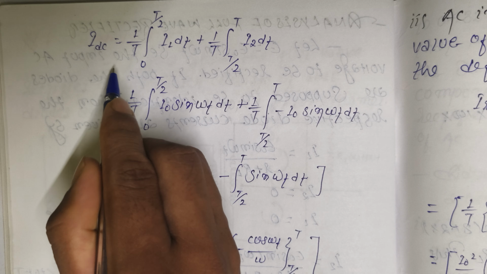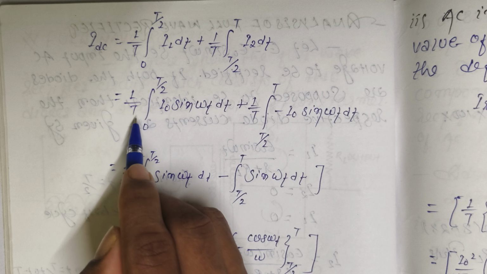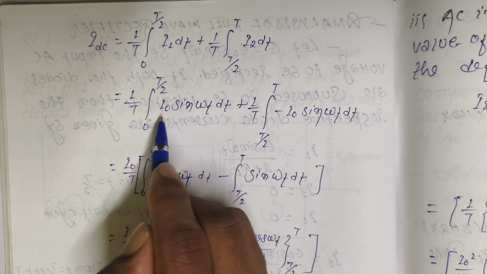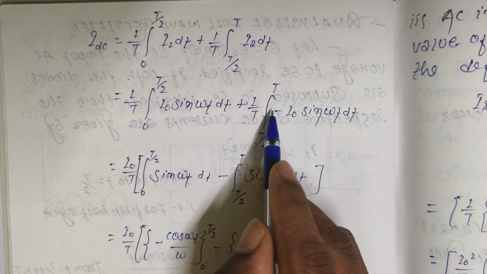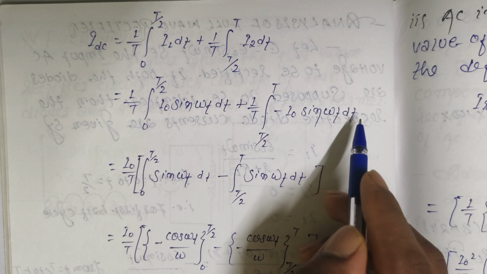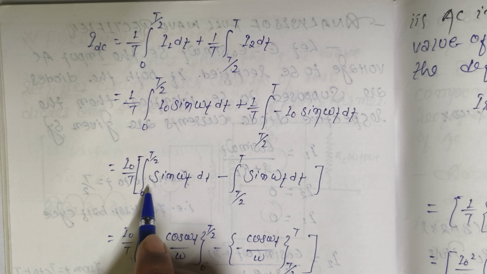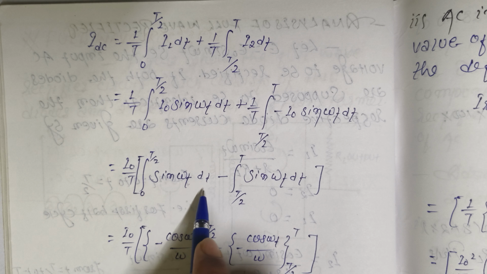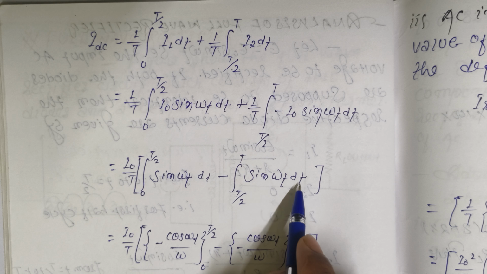IDC = (1/T) ∫ from 0 to T/2 of I1 dt + (1/T) ∫ from T/2 to T of I2 dt = (1/T) ∫ from 0 to T/2 of I0 sin ωt dt + (1/T) ∫ from T/2 to T of (-I0 sin ωt) dt = (I0/T) [∫ from 0 to T/2 of sin ωt dt - ∫ from T/2 to T of sin ωt dt].